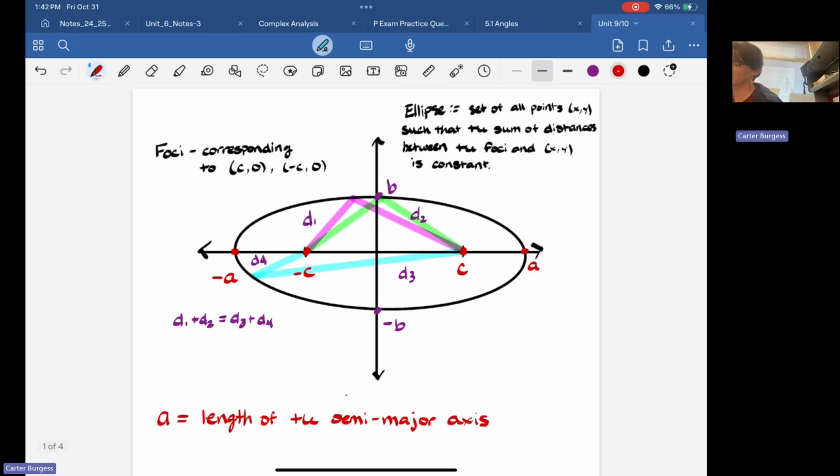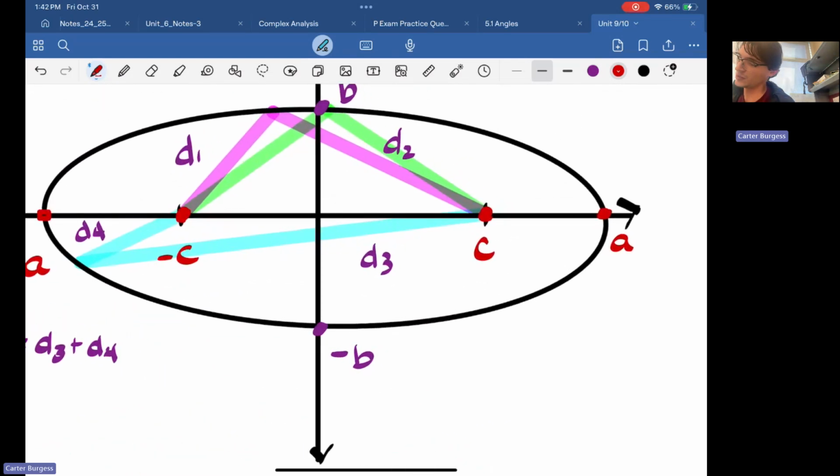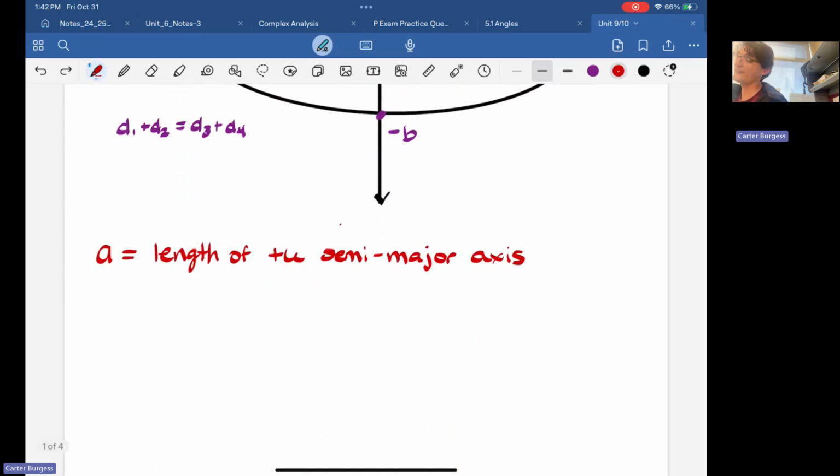Half of the major axis, which is what we would see. This distance here is half of the major axis. So the actual major axis goes from negative A to positive A in this particular case on that horizontal axis. If A is the length of half of the major axis, what is the length of the major axis going to be? 2A.